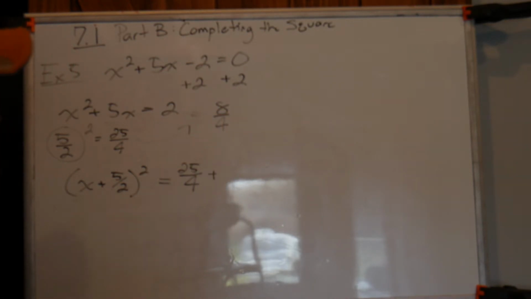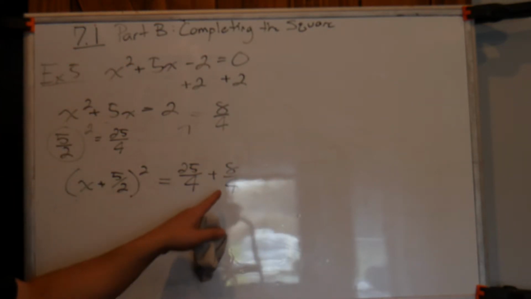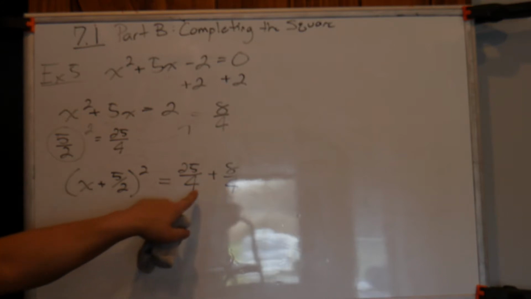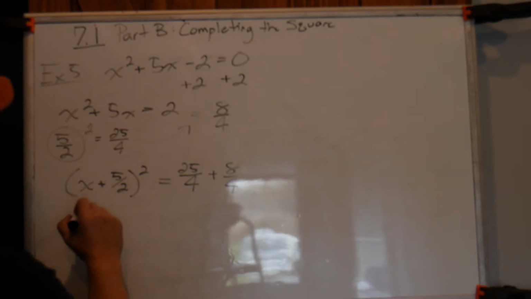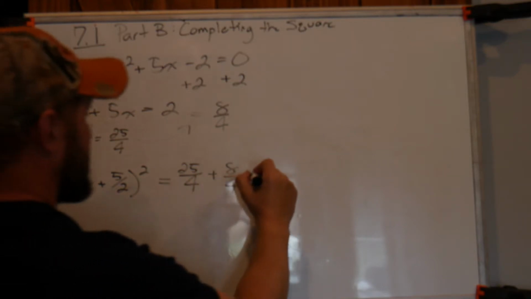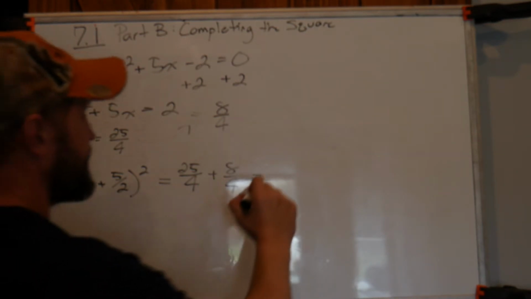I'm not going to go through that. Hopefully you already understand that. So my 2 is 8/4. 8 divided by 4 is 2. I'm going to add that to 25/4. Yeah, we're keeping fraction form, but you'll see why. I'll combine it right here. So we have 33/4.